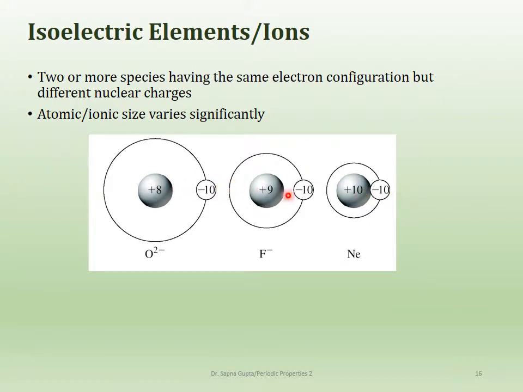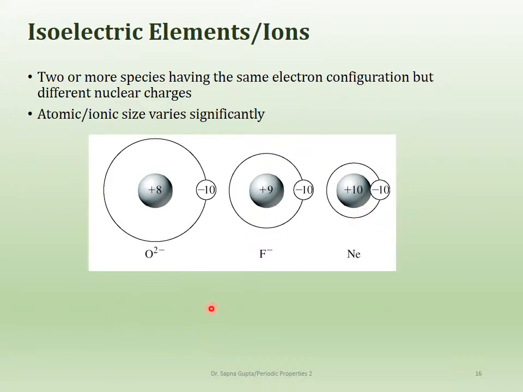Same number of electrons, 10 electrons, but the number of protons is different. Oxygen has 8 protons, fluorine has 9, and neon has 10 protons, which means that the effective nuclear charge for all of these three is going to be different. For oxygen, since you have 10 electrons and only 8 protons, the effective nuclear charge is not so much. But for neon, which has 10 electrons and 10 protons, the effective nuclear charge is a lot more.